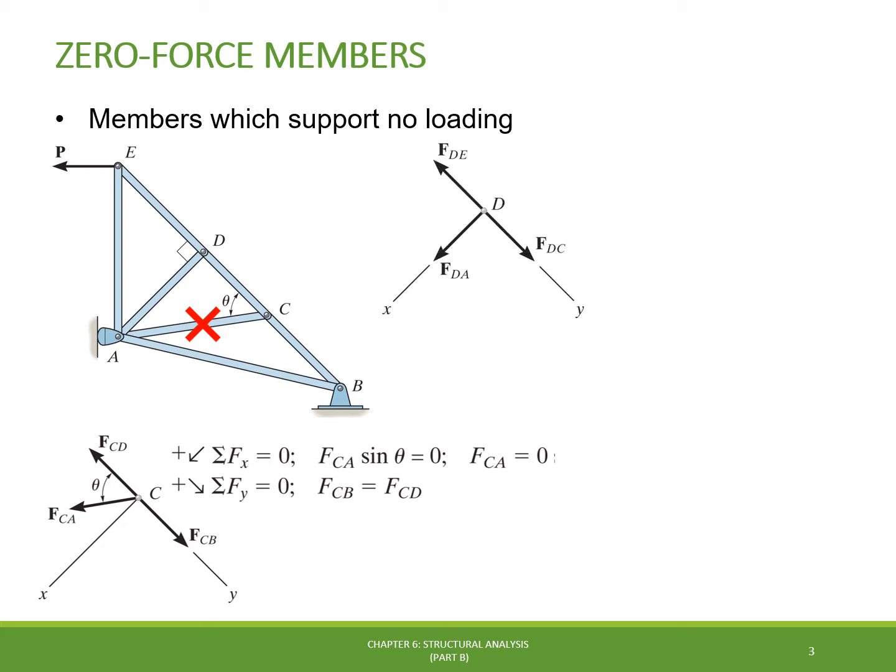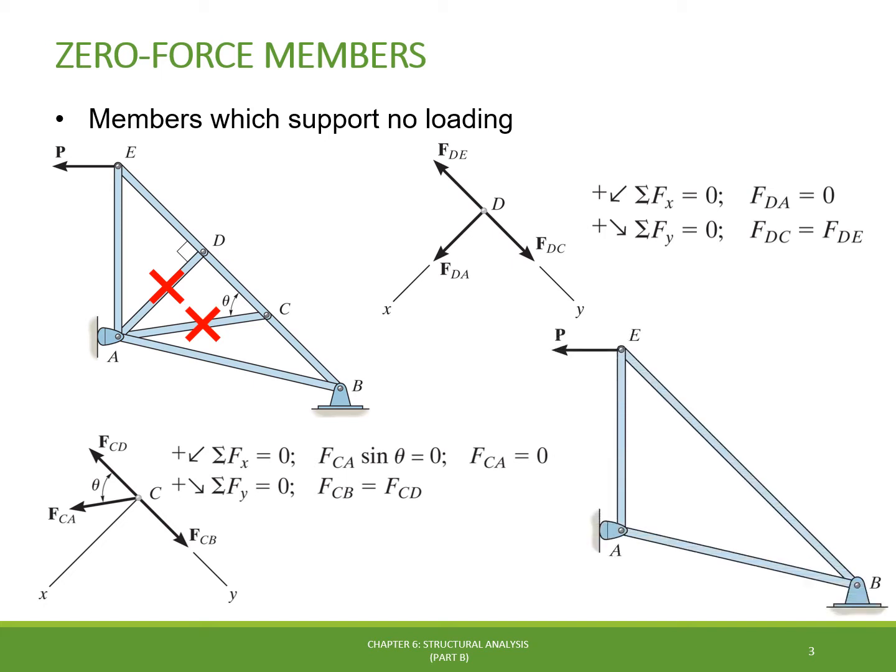If we repeat the process for joint D, we have that FDC is equal to FDE, FDA is equal to 0, and then member DA is also a zero-force member, which can also be eliminated from the structure for the analysis. The resulting simplified structure will look like this one here.